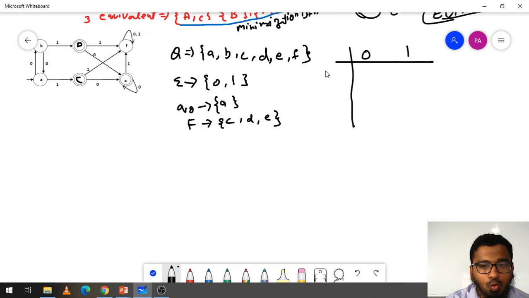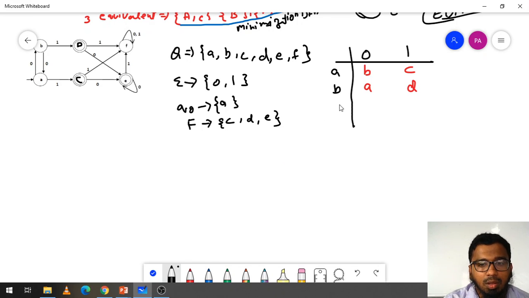The first one, we need to take A. From A on 0, it goes to B. A on 1 goes to C. Next is B. B on 0 goes to A, and B on 1 goes to D. Fine.